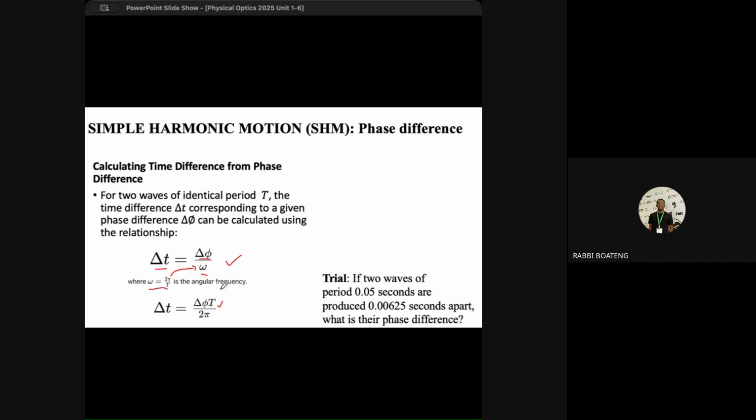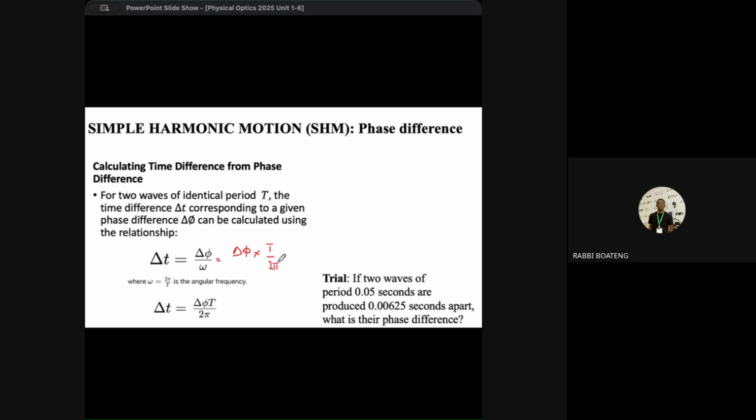If I do change in phi, then I am dividing, so I can multiply, bringing the denominator up and the numerator down.